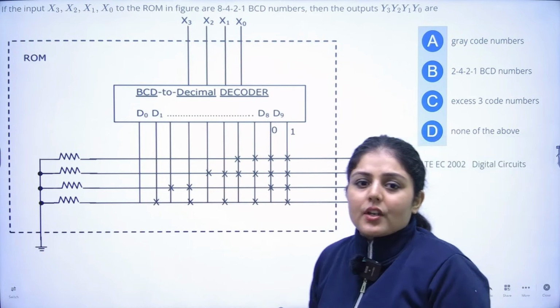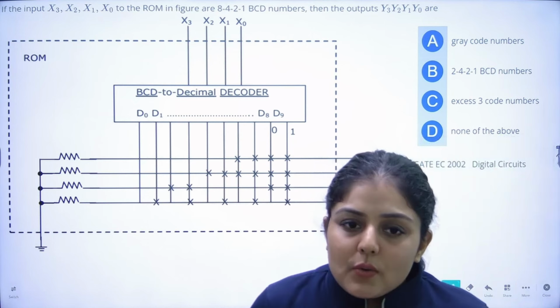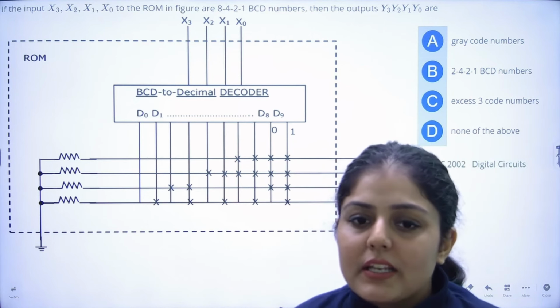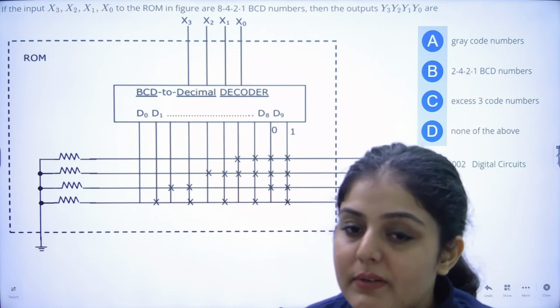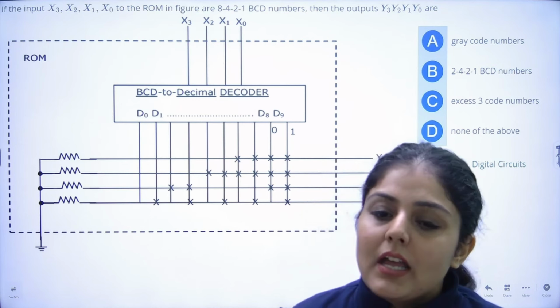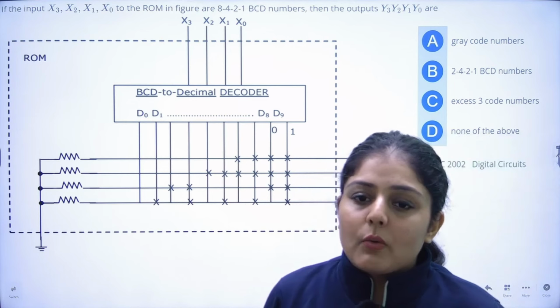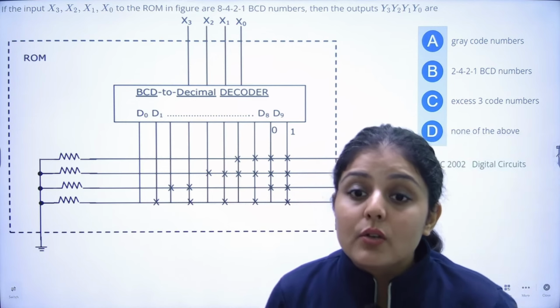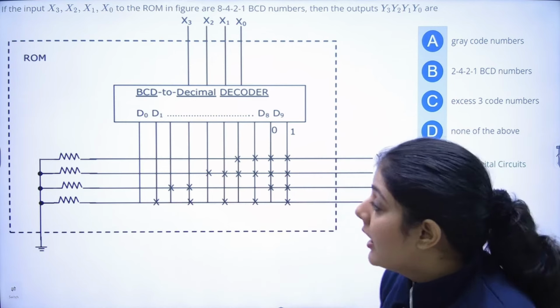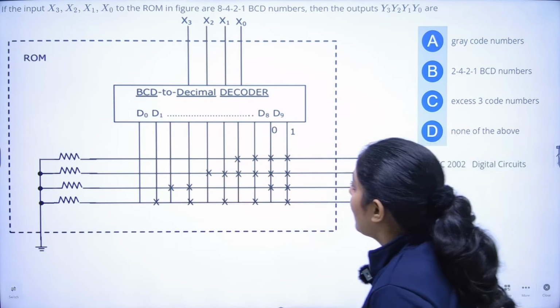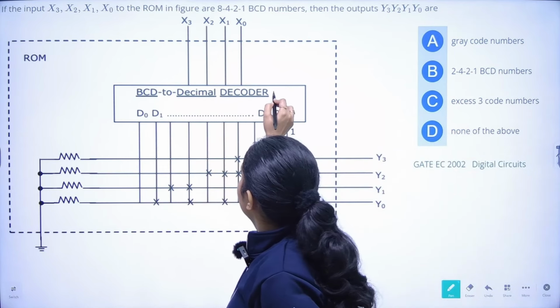In the next question, the input x3, x2, x1, x0 to the ROM in the figure is an 8421 BCD number. So 8421 is our regular decimal to binary conversion, right? They ask what the output y3, y2, y1, y0 is. Now what is happening? We have a BCD to decimal decoder here.